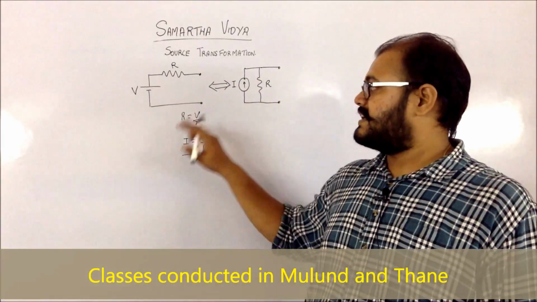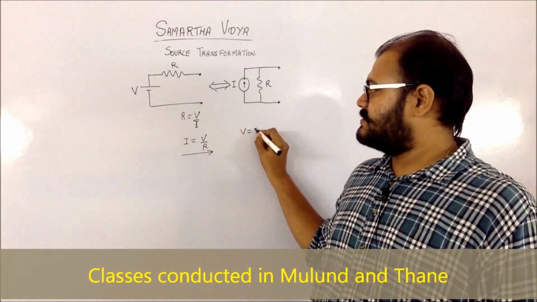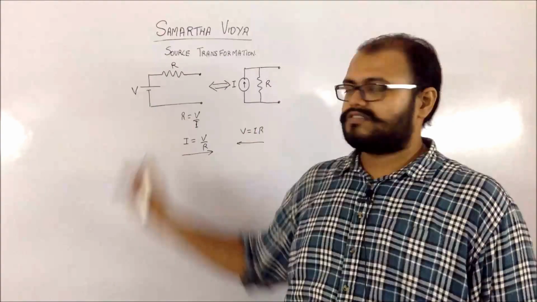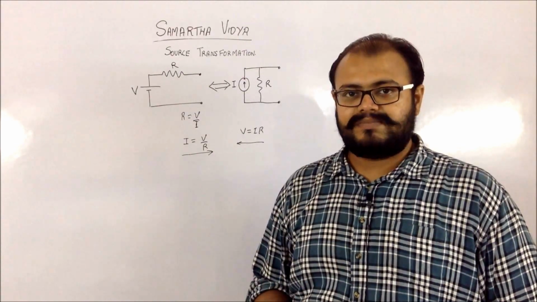But if you're going the other way, you have to calculate your V. So V is equal to IR when you're going from the current source to the voltage source. That is quite simple to understand.